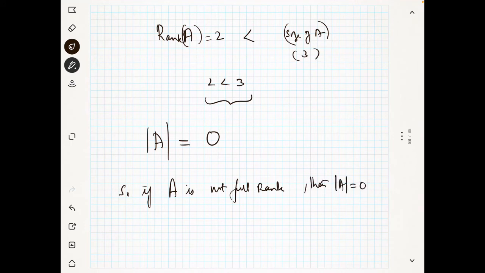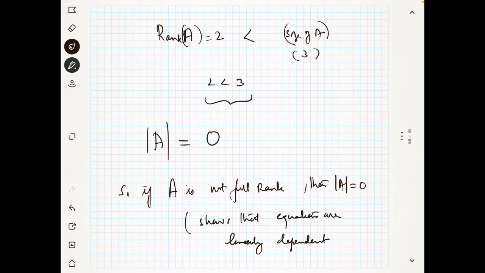That means it shows that some equations are linearly dependent. So in such a case, we get many solutions, an infinite number of solutions. Okay, this is the situation.